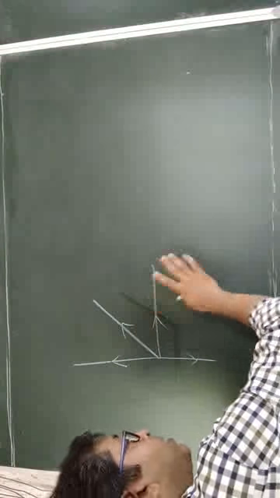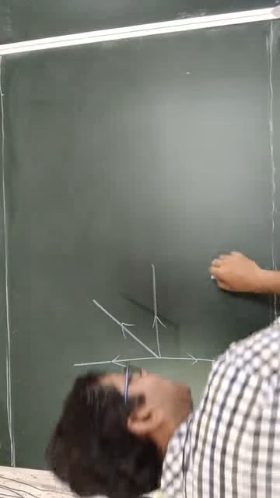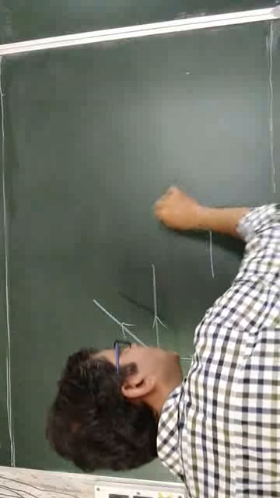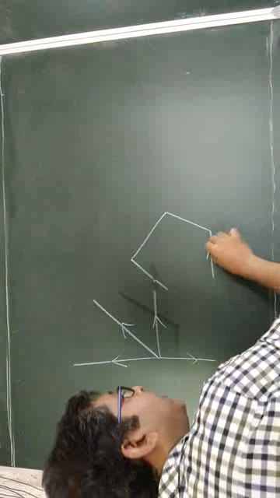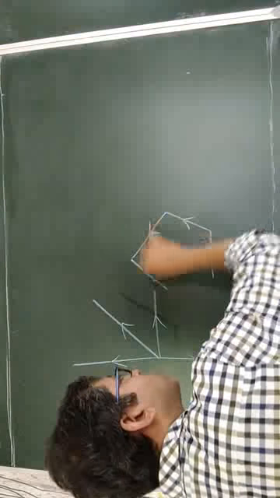First, open all the forces or vectors and place them along the sides of a polygon taken in the same order.